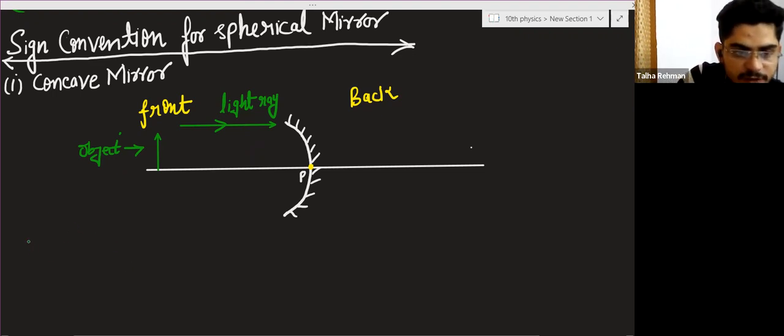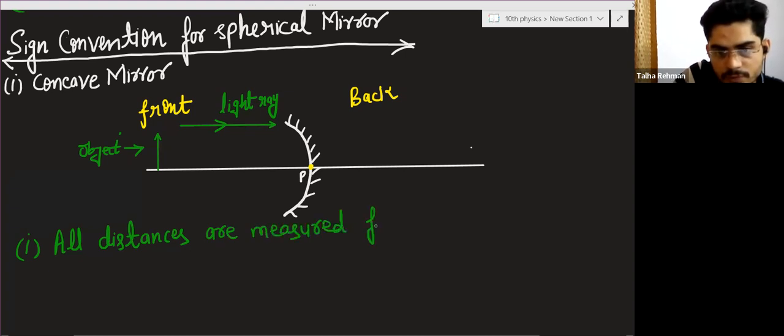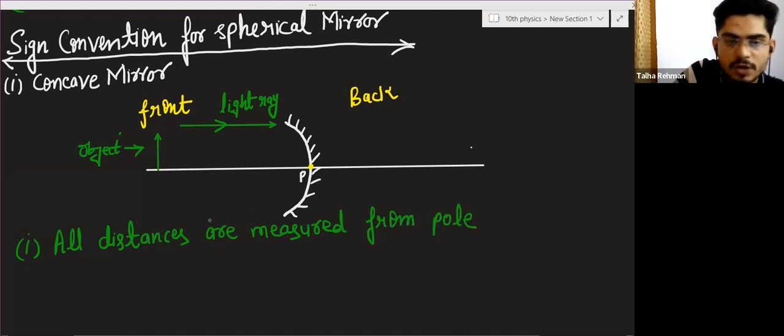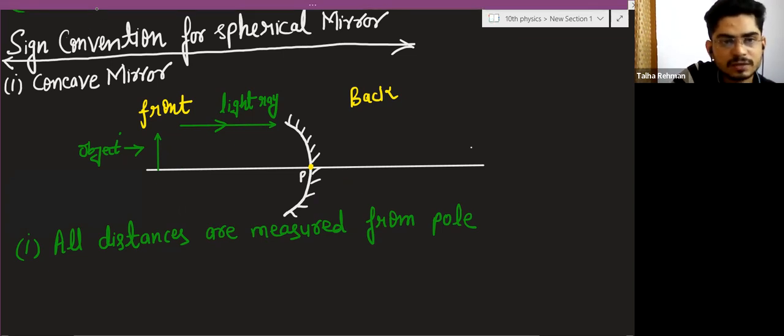So the first point in sign convention is that all distances are measured from the pole.